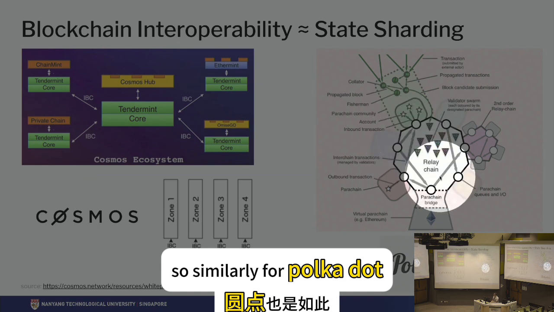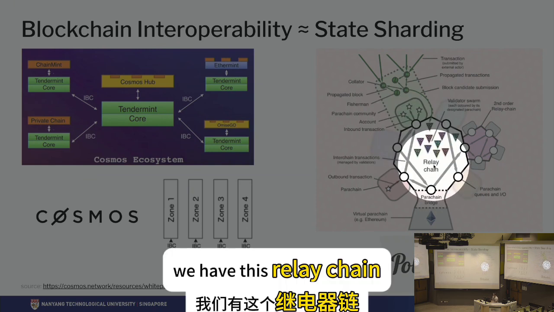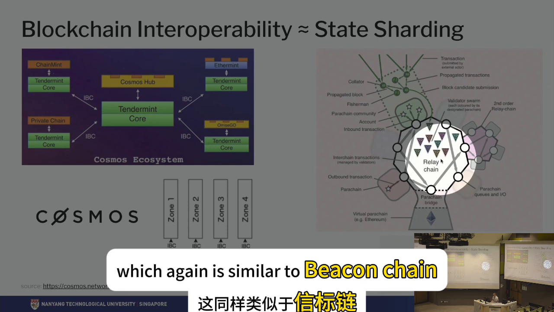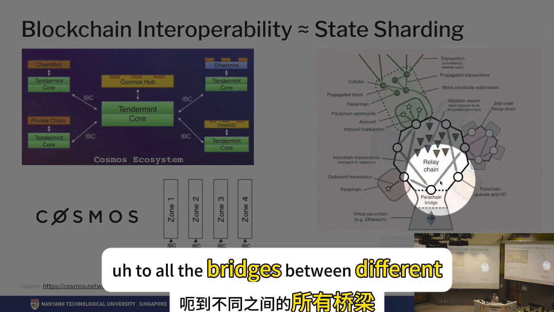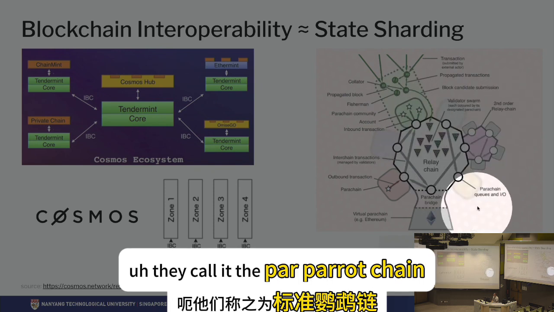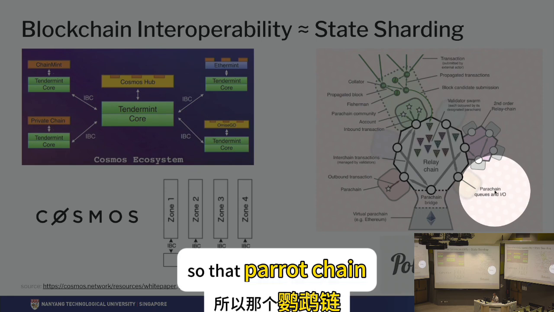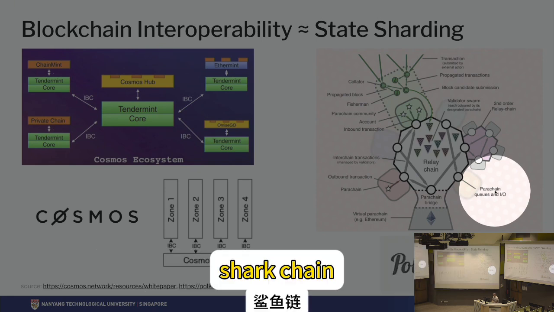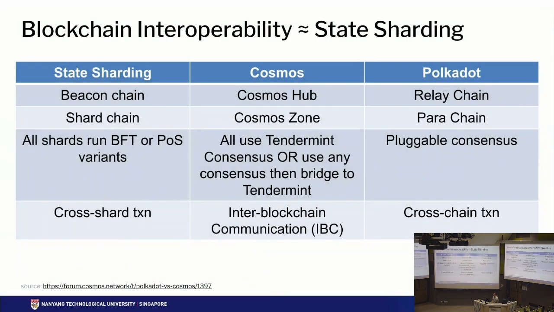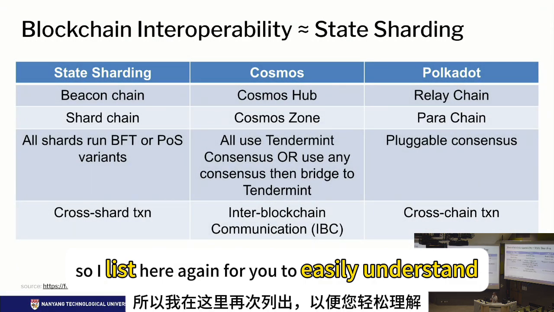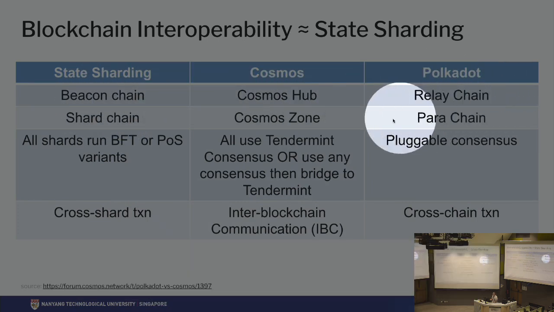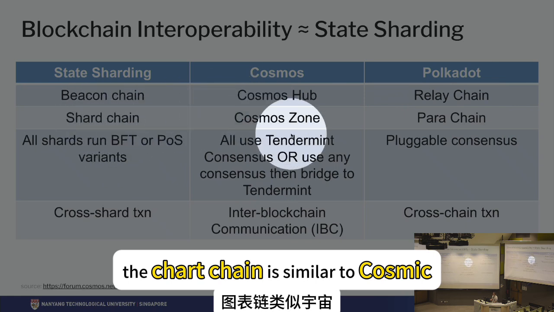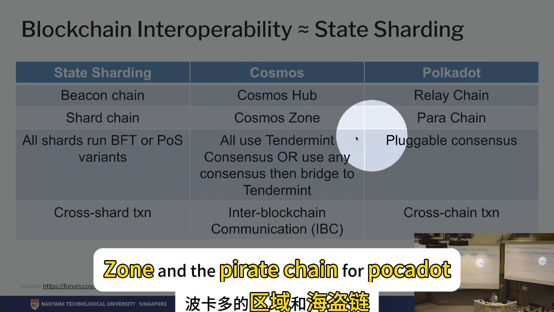Similarly, for Polkadot we have the relay chain, which is again similar to the beacon chain, in the middle to relay all the different transactions across the bridges between different parachains. Think of the parachain as more like a shard chain. So I list here, for you to easily understand, that the beacon chain corresponds to Cosmos Hub and the relay chain. The shard chain is similar to Cosmos Zone and the parachain for Polkadot.